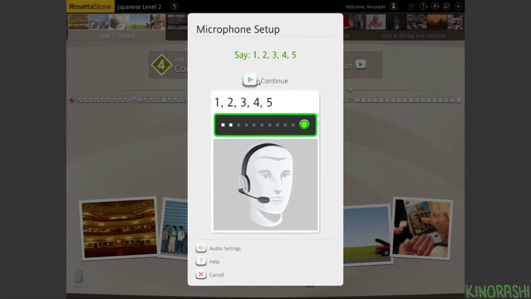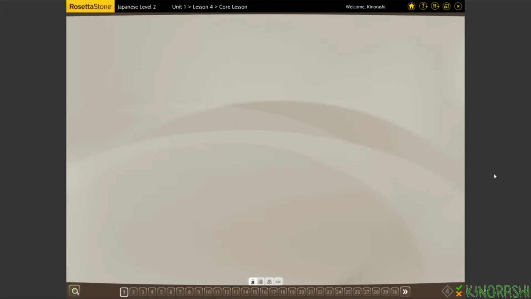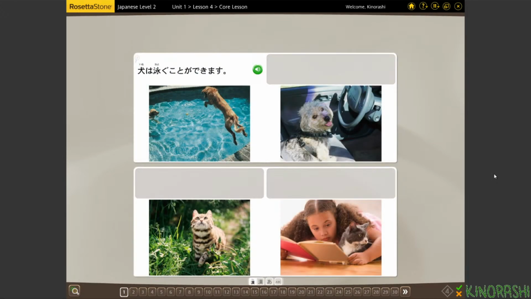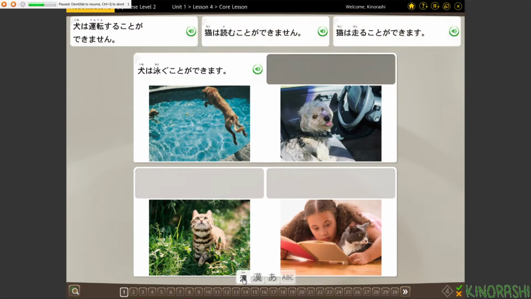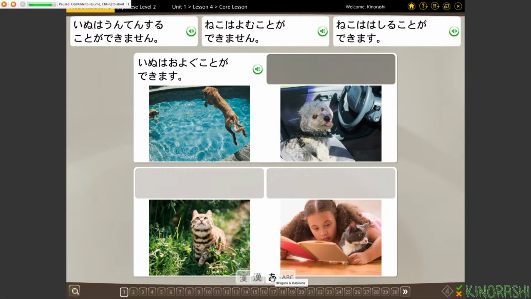Ichi, ni, san, yan, go. Inu wa oyogu koto ga dekimasu. Inu wa oyogu koto ga dekimasu.